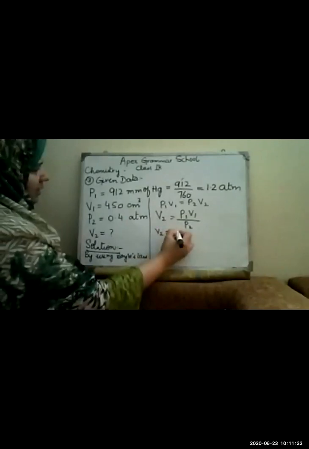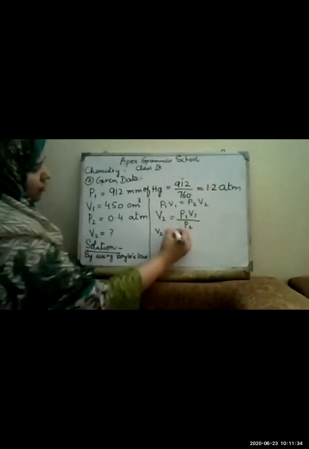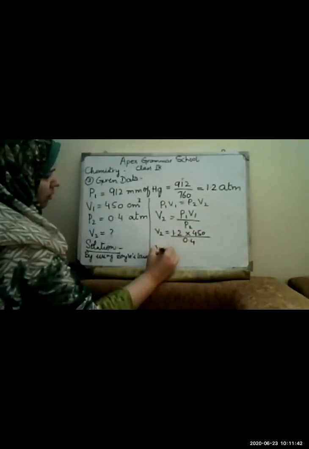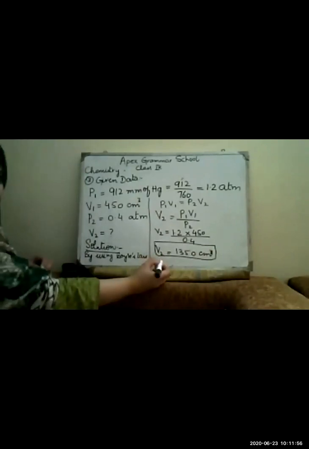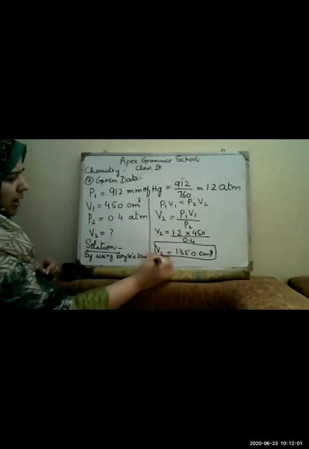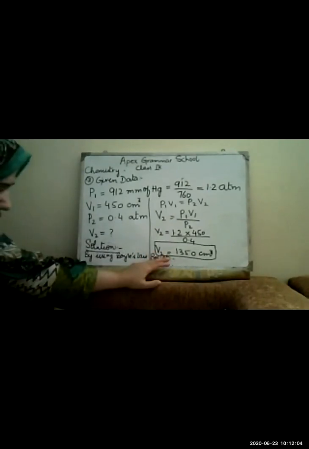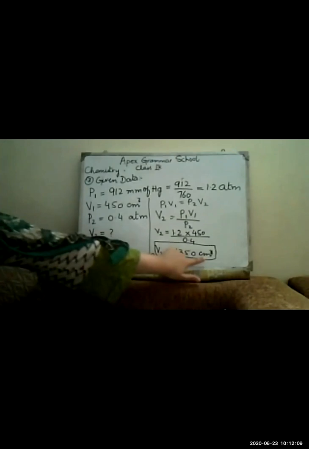P1 is 1.2 multiplied by V1 is 450 divided by 0.4. So the value comes out equal to 1350 cubic centimeters. Unit must also be mentioned. At the end of the numerical, you can also write down the result: the volume of the given gas is 1350 cubic centimeter. Right?